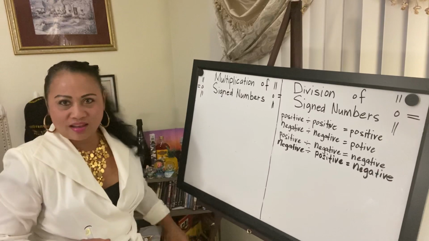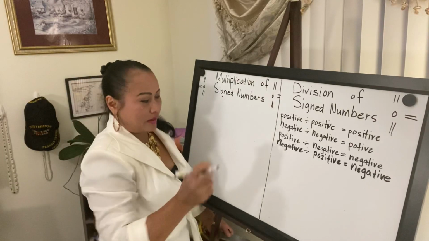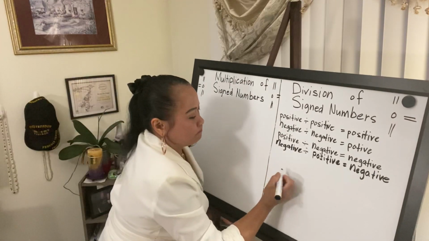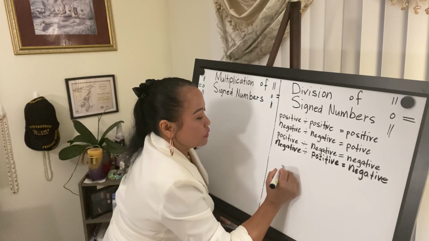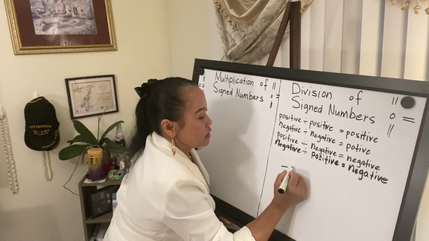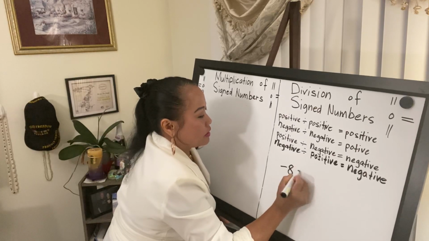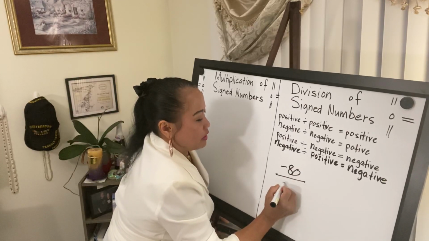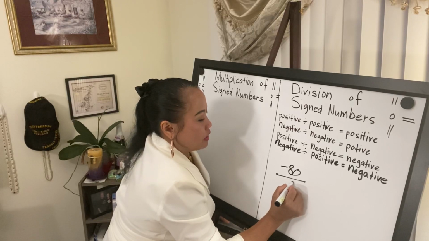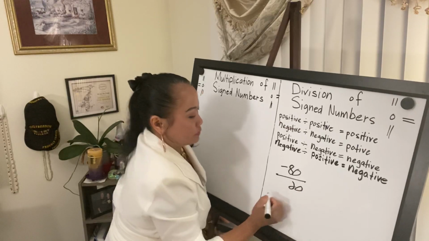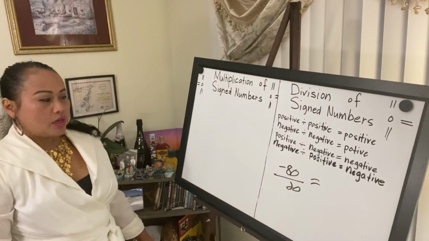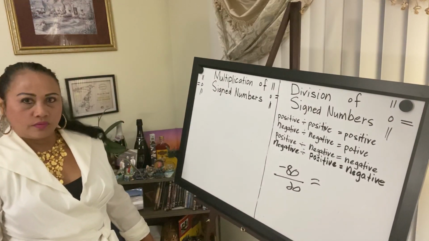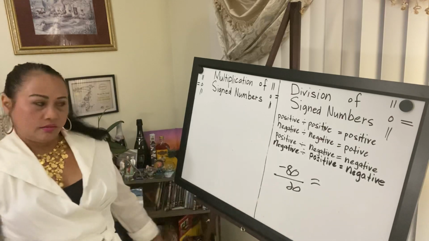Very interesting lesson, okay? Sometimes they write it this way too: negative 80 divided by 20. So, how many 20 in 80?